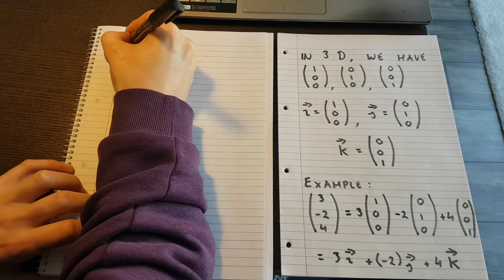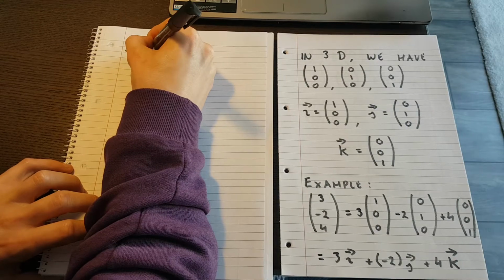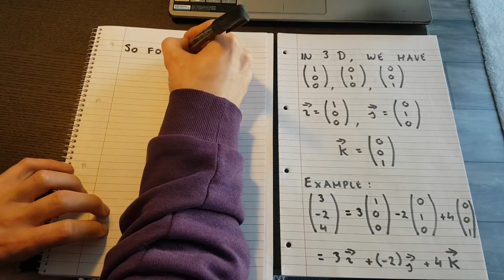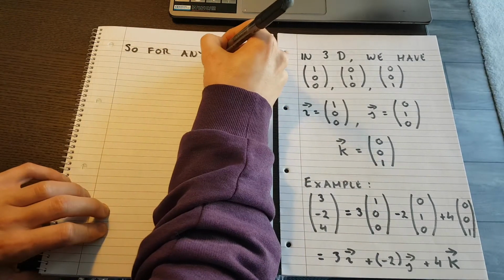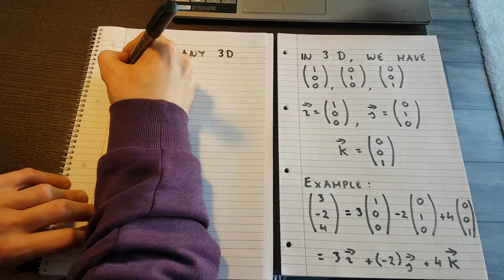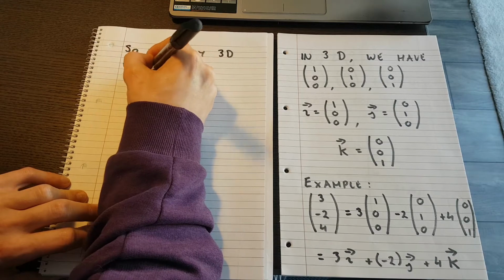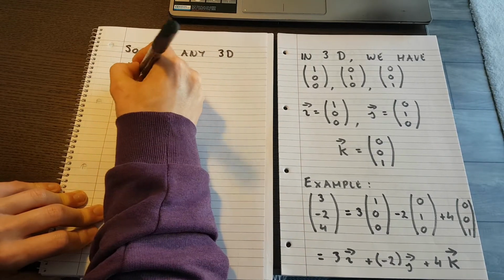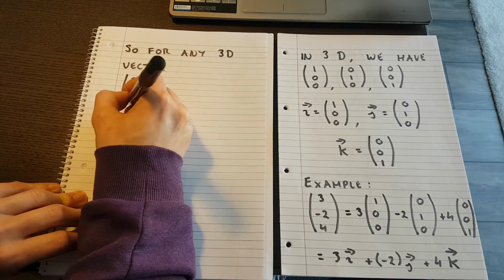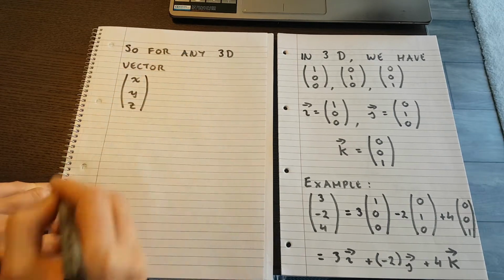So for any 3D vector, we would have x, y, and z. Those would be the different components.